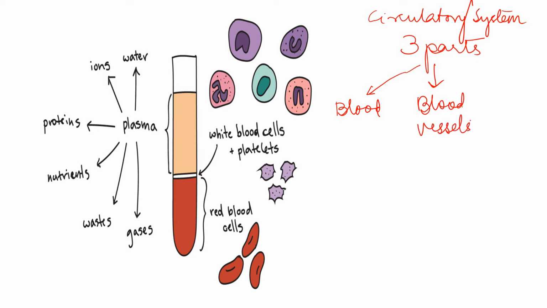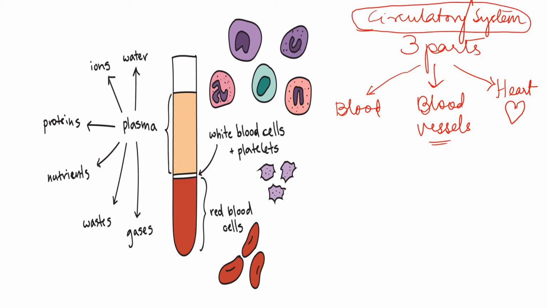Now these blood vessels are like the pathways through which this blood will travel. And number three is the heart, the symbol of love, right? Yes. So these are the three parts of the circulatory system.